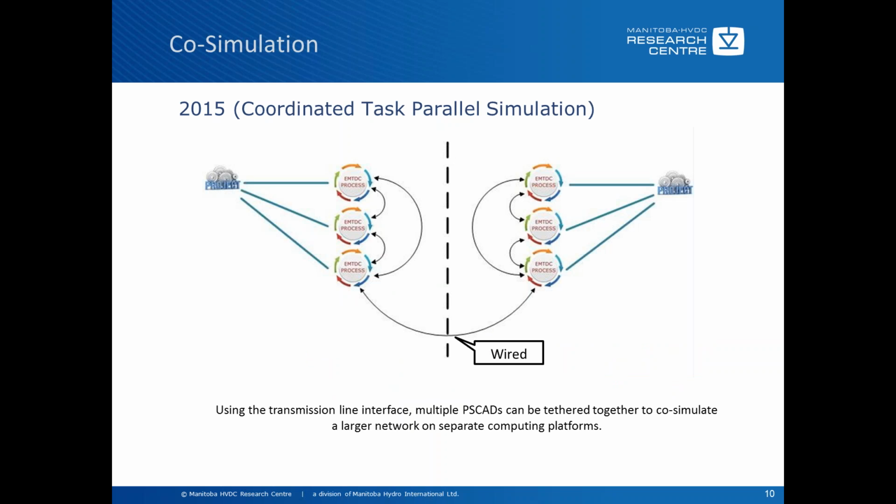We also connected these larger cooperative simulations across a network, and that network is illustrated by the dashed line. The interesting part is once we go outside of the computing platform and we have to travel across the wire to another computer. This is where our communications problem becomes most evident, because it takes a lot more time to trade information across the wire than it does within the computer itself.